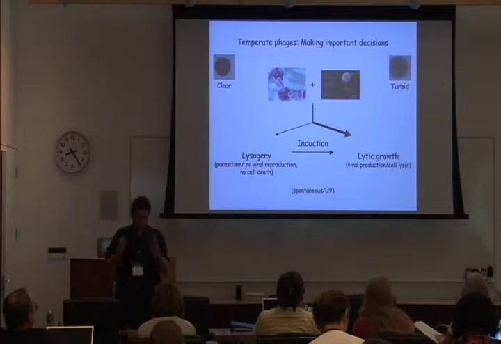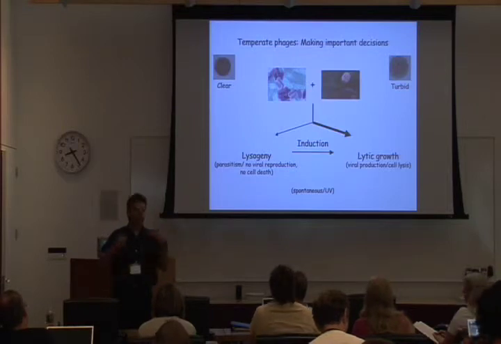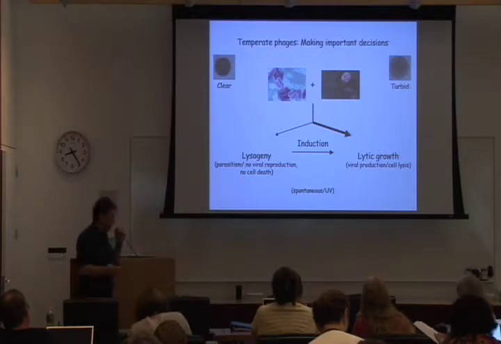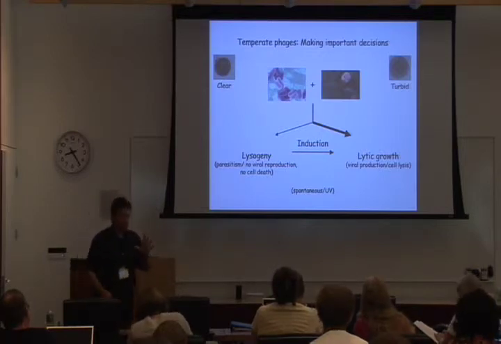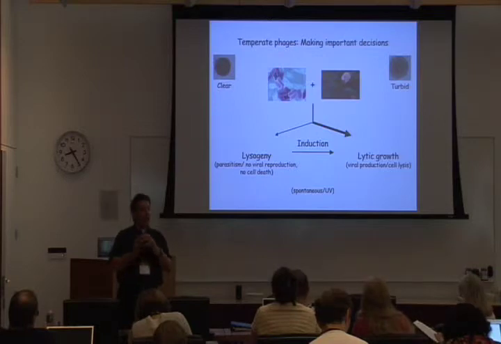All, or the vast majority of bacteriophages, can do lytic growth. The process that I just described is lytic reproduction, making more of themselves. But many bacteriophages, and some might argue perhaps most, can do other things as well.